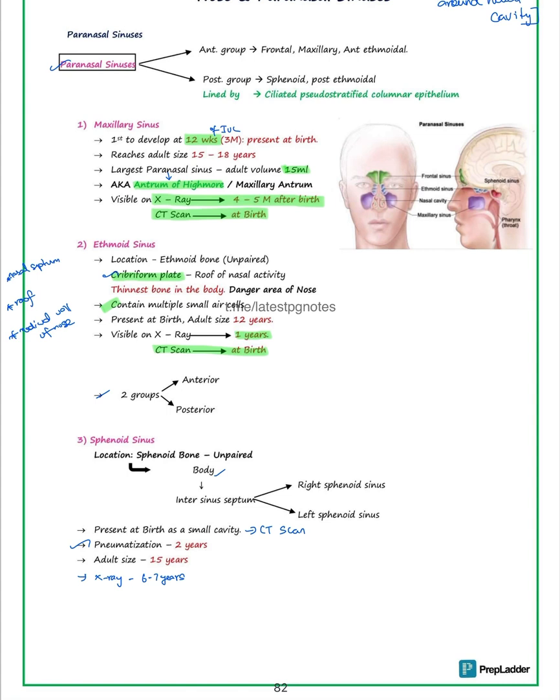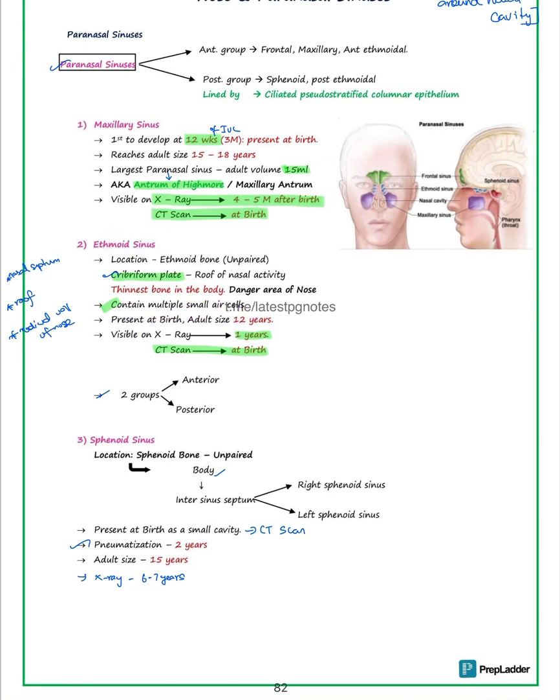The ethmoid bone plays a part in the lateral wall of the nose, in the nasal septum, and in the roof of the nose. In the nasal septum, the perpendicular plate of the ethmoid is very thin, and it is more prone to injury or perforation. The ethmoid cells are present as small multiple air cells.